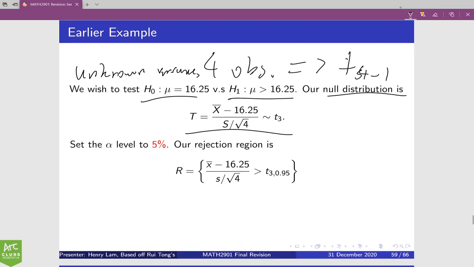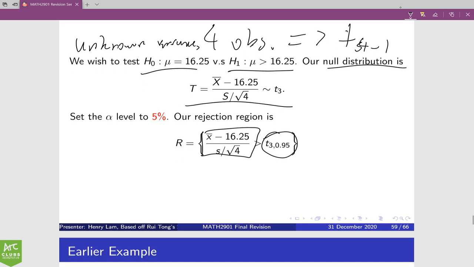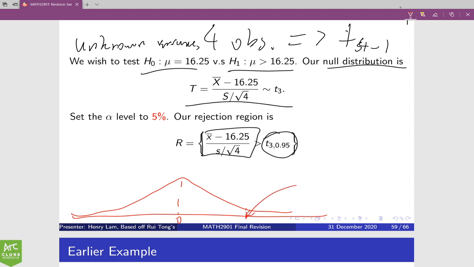And from here, we reject if the observed value, which is this, is beyond your critical value. In this context, the critical value is T3, 0.95. So this area over here, beyond, is 5%.